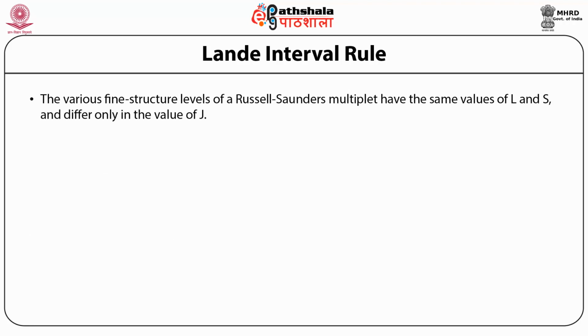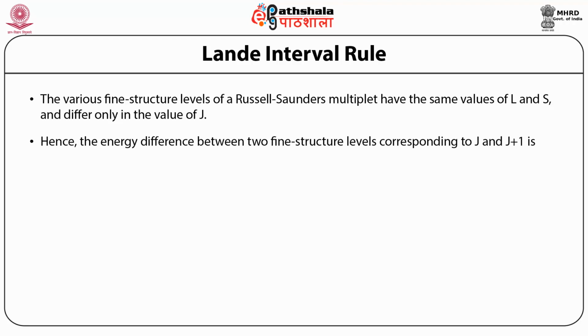The various fine structure levels of a Russell-Saunders multiplet have the same values of L and S and differ only in the value of J. Hence, the energy difference between two fine structure levels corresponding to J and J+1 is E(J+1) − E(J) = A[(J+1)(J+2) − J(J+1)], which is equal to 2A(J+1).